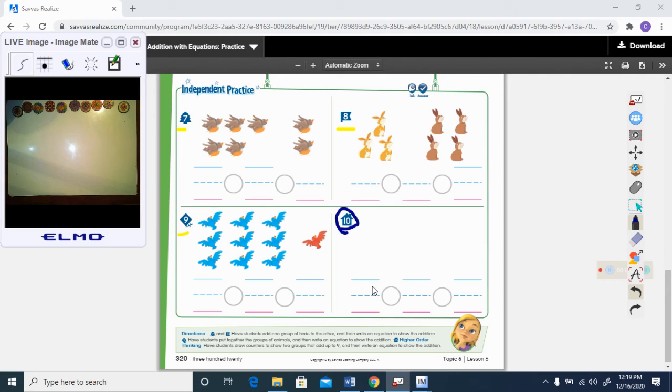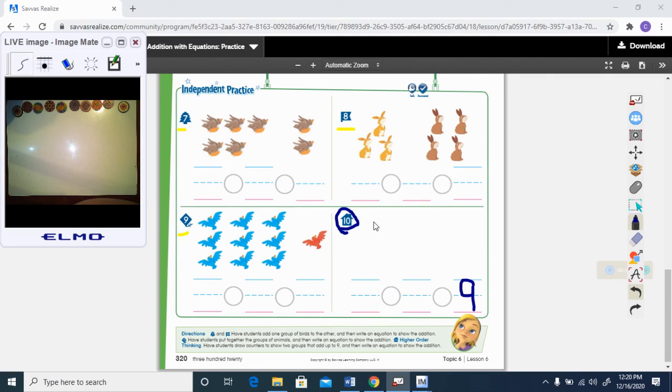Now 10 says, draw counters to show two groups that add up to 7 and write an equation to show the addition. So it has to add up. I'm sorry, I said 7. It has to add up to 9.